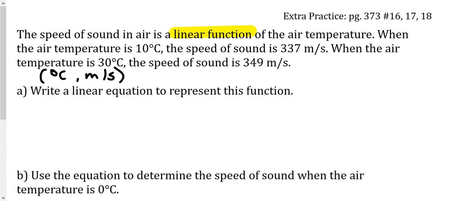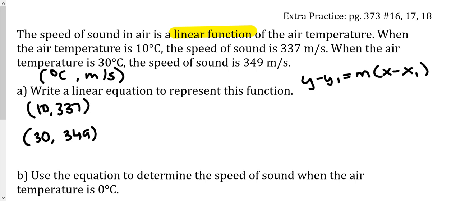The temperature is related to the speed. So we have a couple of points here. The first point has a temperature of 10 and a speed of 337. My second point has a temperature of 30 and a speed of 349. And as the temperature increases, it looks like the speed is increasing.